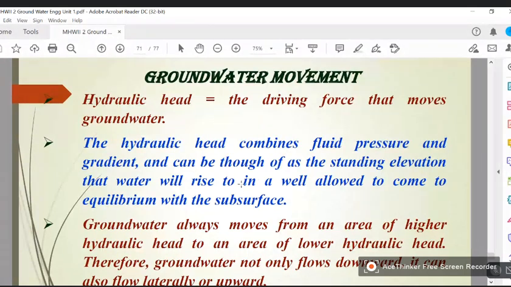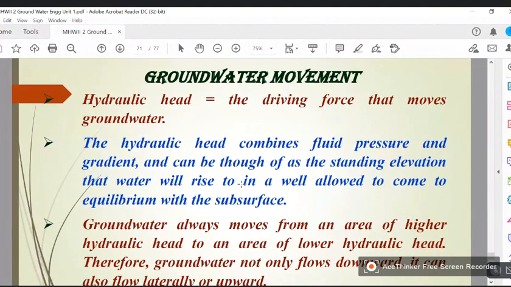So when equilibrium is maintained, the difference in elevations plus the difference in pressure heads will result in flow from a higher piezometric head, that is P by gamma plus Z, to a lower value of piezometric head, that is P by gamma plus Z at the second point.